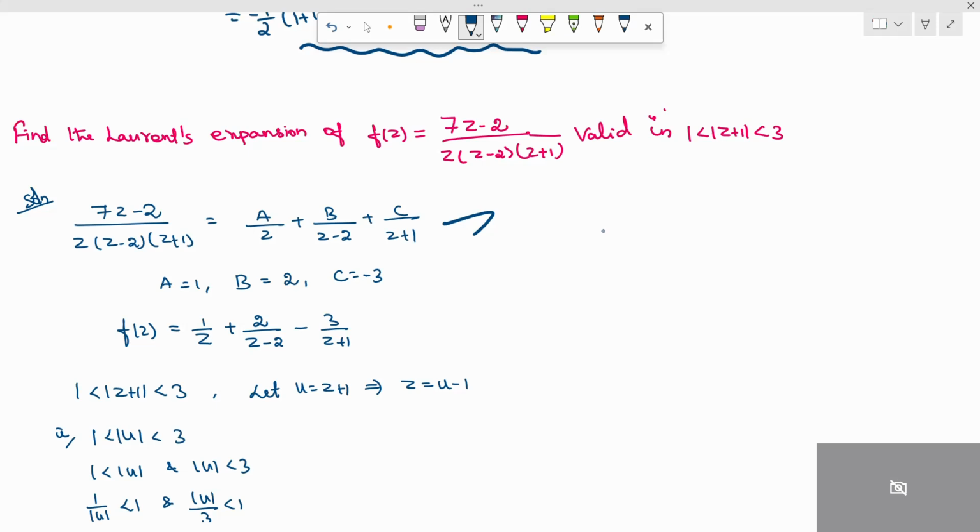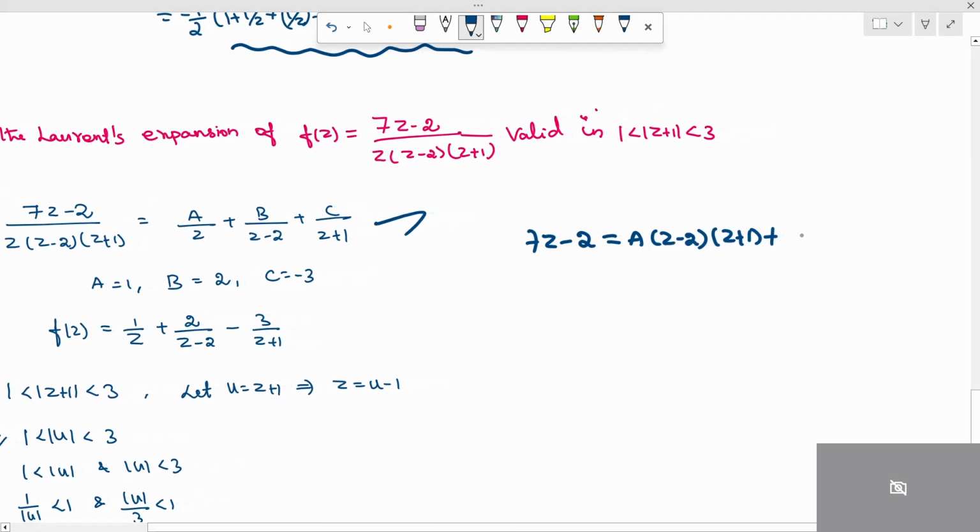Okay, calculate the ABC values. We know how to find the ABC values. This can be written as 7z minus 2 is equal to a into z minus 2 into z plus 1, plus b into z into z plus 1, plus c into z into z minus 2. Okay, in this equation put z is equal to 2.